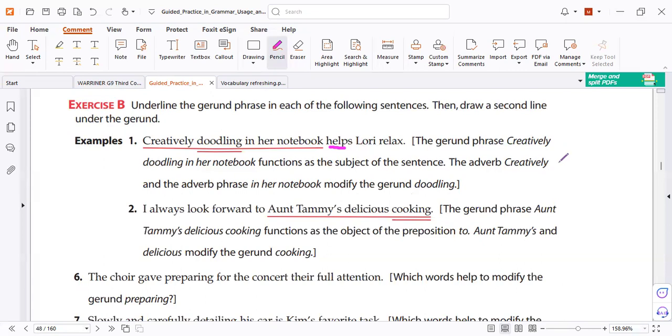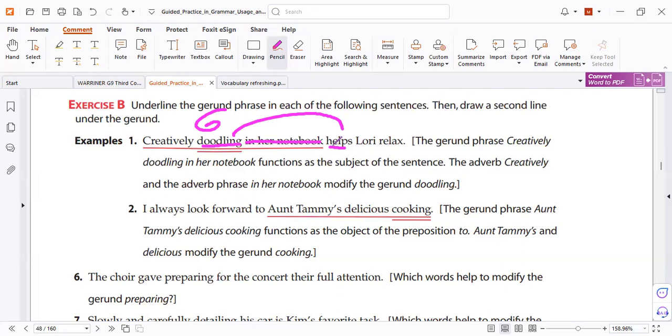Remember something, a gerund is always the subject. Here, let's follow the rules. To know the subject and verb, delete the phrase. This is phrase delete, and then it helps, and check the meaning.